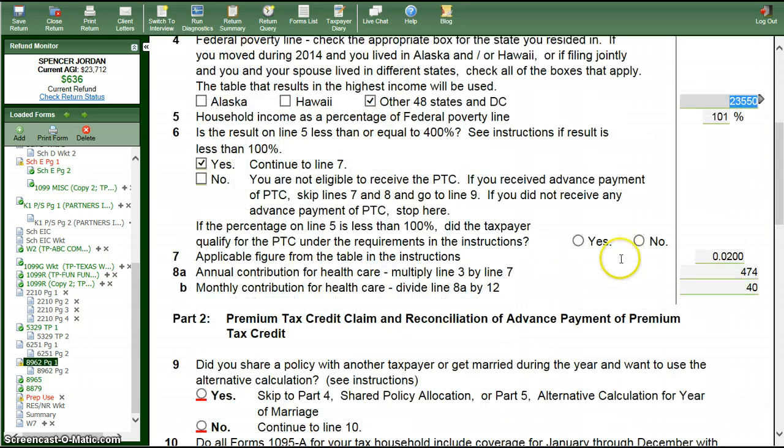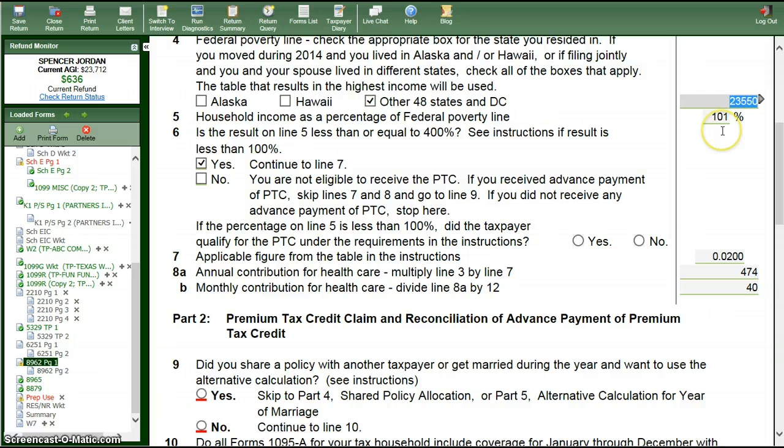And now I want to focus a little bit here on line 6. As we see here, Spencer falls at 101% of the federal poverty level. So he is eligible for the premium tax credit. But some of our clients are going to be below the 100% federal poverty level.